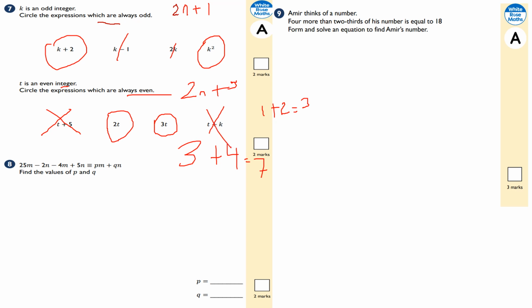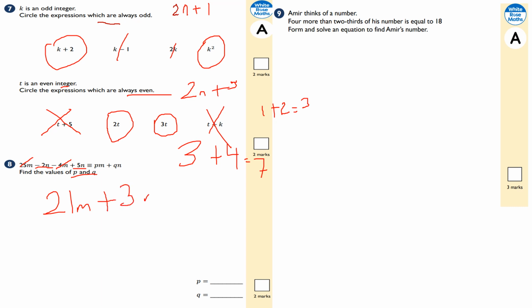Question number 8. 25m subtract 2n subtract 4m plus 5n is equivalent, i.e. the same as something, pm plus qn. Find the values of p and q. So collecting like terms again, guys, collecting all my m's together and all my n's together. 25m subtract 4m is going to be 21m, and negative 2n plus 5n goes to positive 3n.